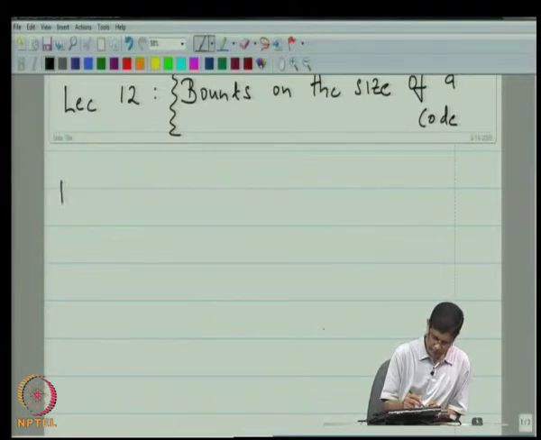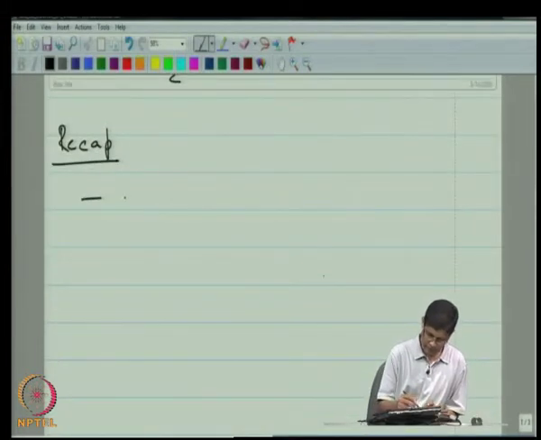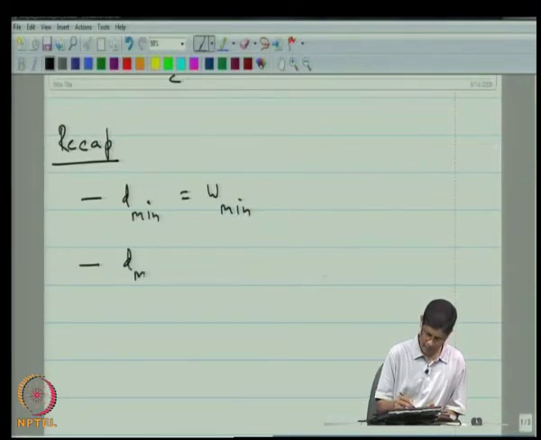So just as a quick recap, we showed last time that d min equals w min, that d min was equal to s plus 1.